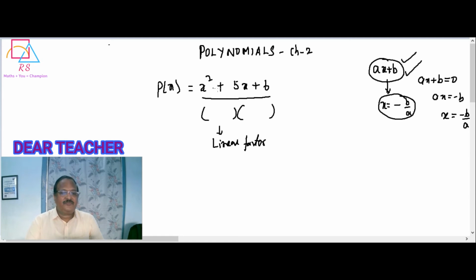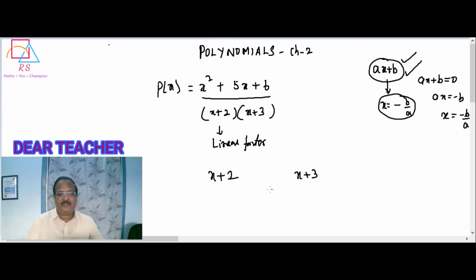So now x square plus 5x plus 6 you have to factorize. There are so many methods, you will learn by yourself. I will write the factors directly. So x plus 2 is one factor, x plus 3 is one more factor. You will learn how to find the factors. So this is the factorization method to find the zeros of a quadratic polynomial. Now we have got two factors, x plus 2 and x plus 3.